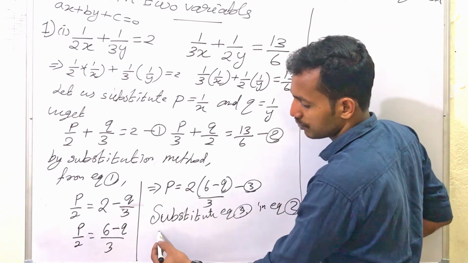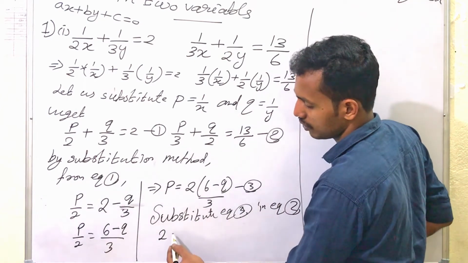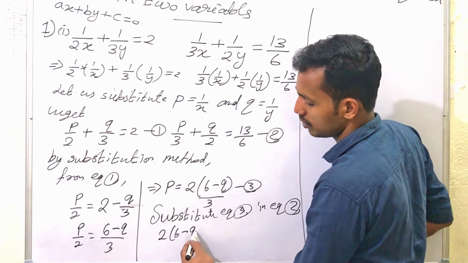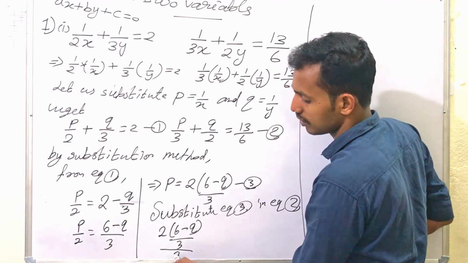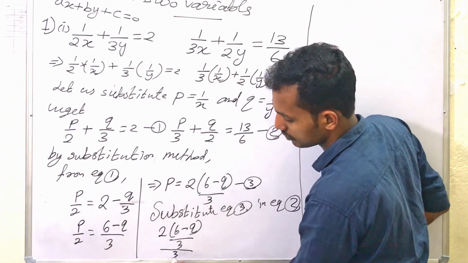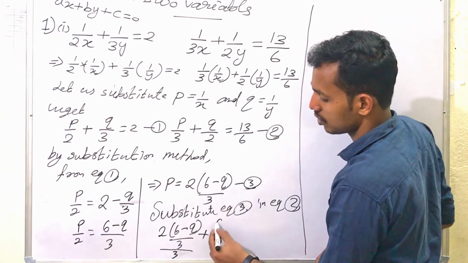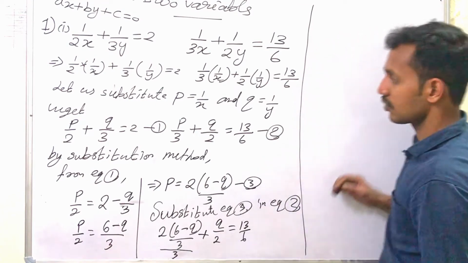So what will we get? P by 3, that is P is 2 into 6 minus Q divided by 3, so P divided by 3, again one more 3 is there. P by 3 plus Q by 2 is equal to 13 by 6.